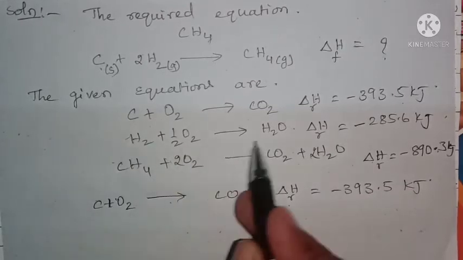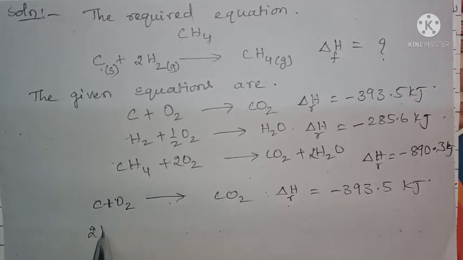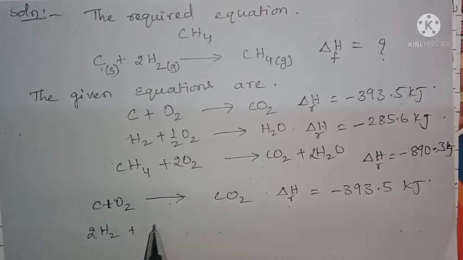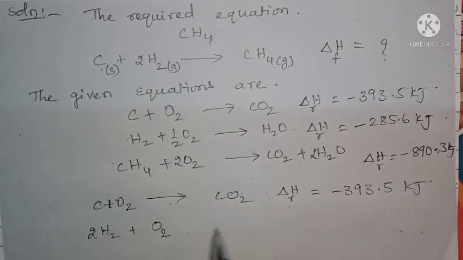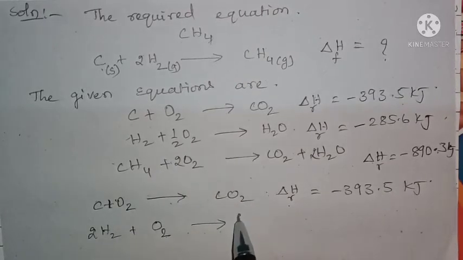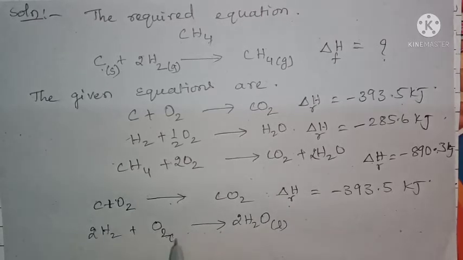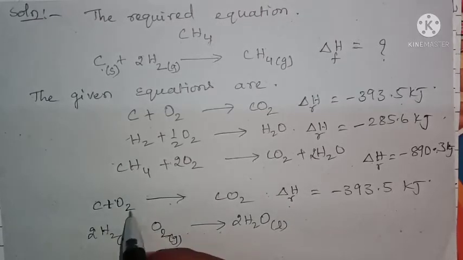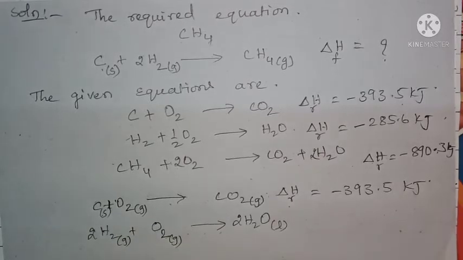On multiplication of equation 2, I will get 2H2 plus 1 O2 gives 2H2O liquid. Here gas, here gas, here gas, solid, and here gas.